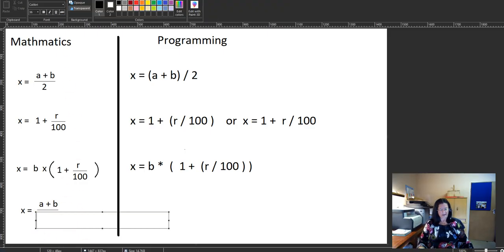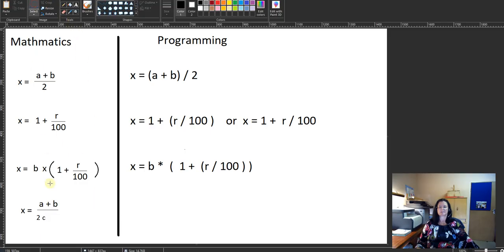A plus B divided by 2C, because that would actually be how it is represented in mathematics. 2 times C, 2C. Put that nice and simple there.